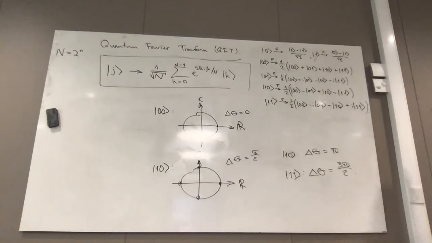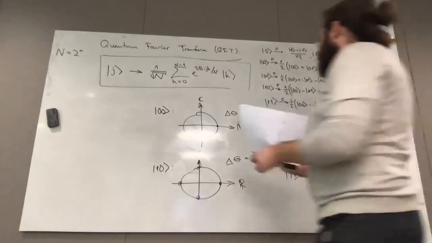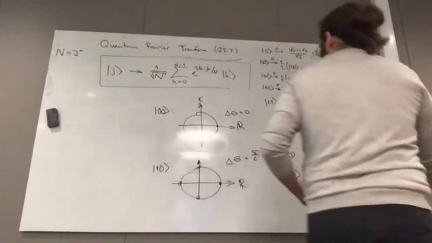Does this make sense to you? This is not something you find in the book. This is the kind of intuition I have built up for myself. And we would like to know how this kind of picture generalizes.